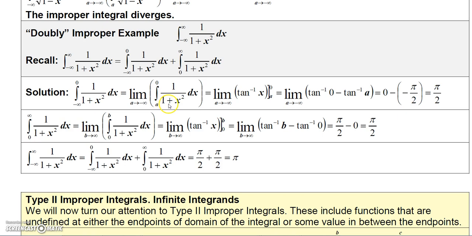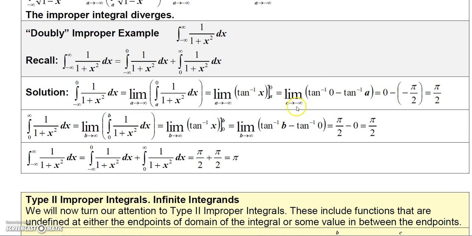When you integrate 1 over 1 plus x squared, you're going to get arctan of x. And then if you evaluate it at 0, you get arctan of 0. And then if you evaluate it at a and apply the fundamental theorem of calculus, you're going to have minus arctan of a.